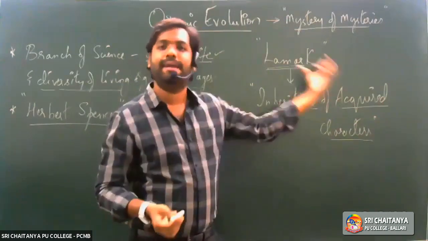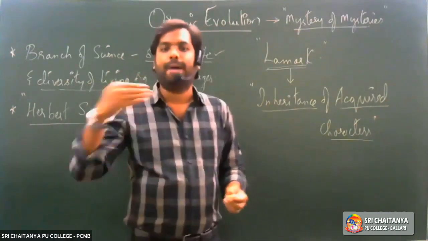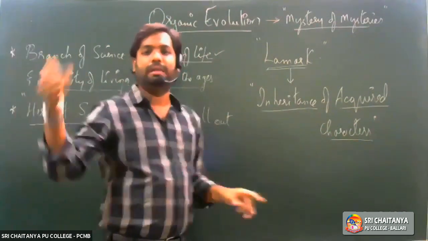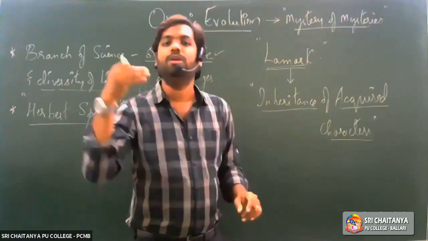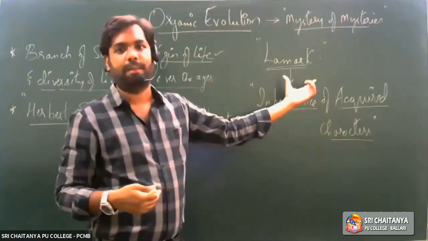Once they acquire those characters, they are passed on from one generation to the other, leading to the formation of a new species of organism. That was what was told by Lamarck.